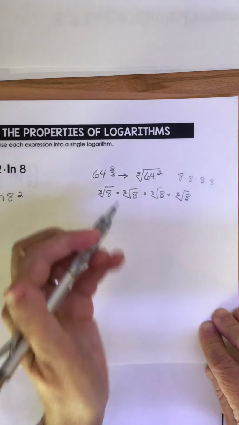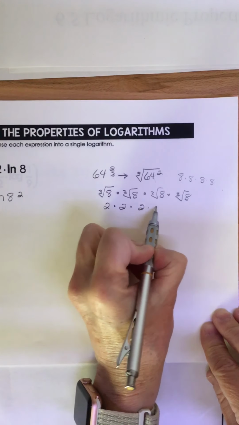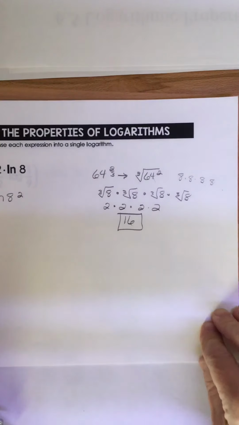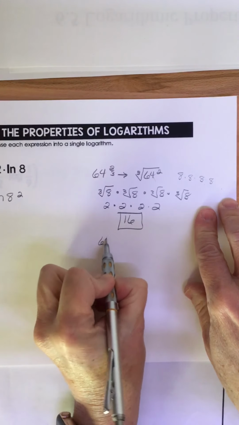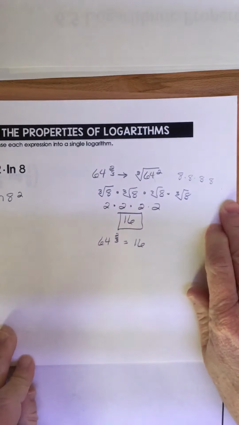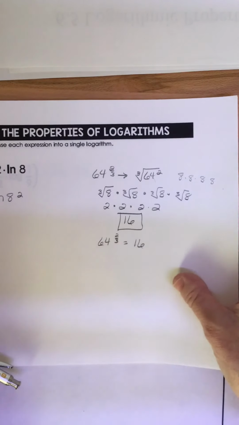And so we know that this would be 2 times 2 times 2 times 2. So this equals 16. All right? And so we're saying that 64 to the 2/3 power equals 16. Now granted, you could probably put this into the calculator, but it always helps to know the background of all this, okay?